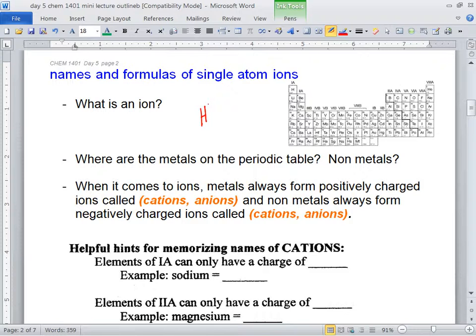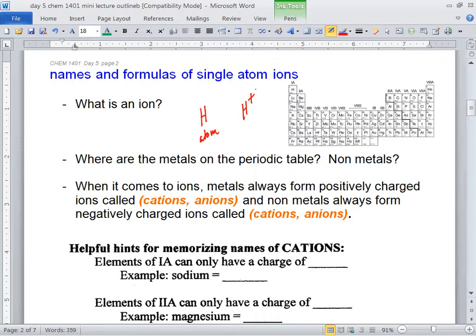Lose electrons, it becomes more positive. Those are ions. Not an ion, you'd call that an atom. Now hydrogen likes to form H+. So that's what an ion is. You're just adding or removing electrons to the neutral atom.